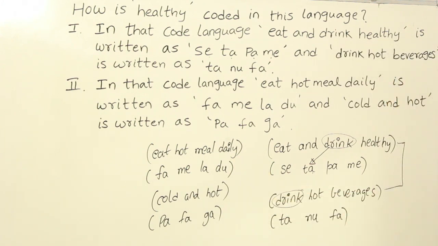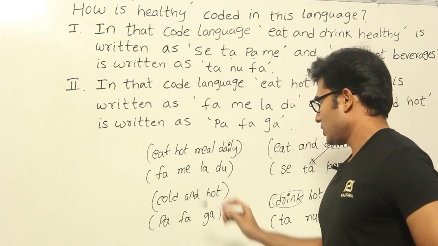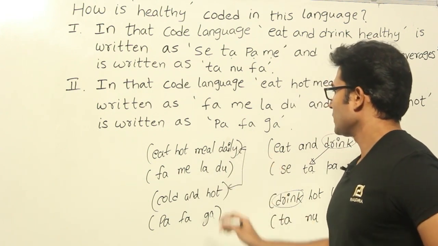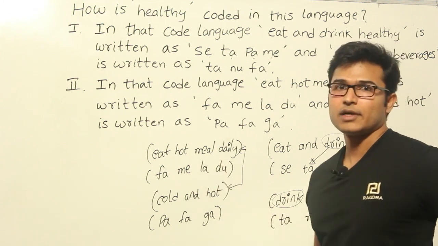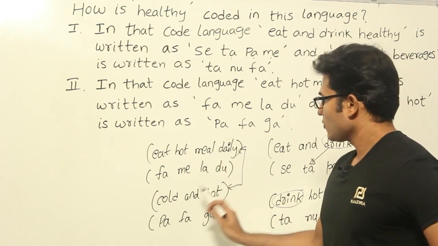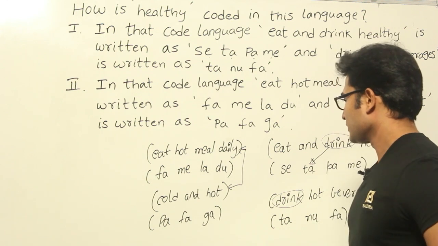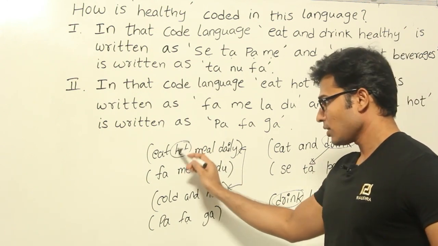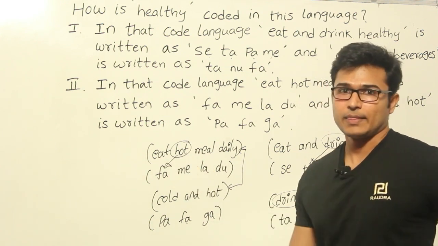If you observe these two statements and find out what is in common, you will see that "hot" is in common. And between the codes, FA is common. Therefore you can say that "hot" corresponds to FA, right?